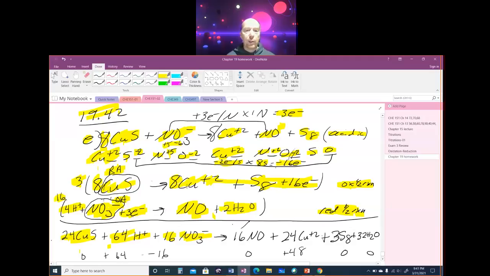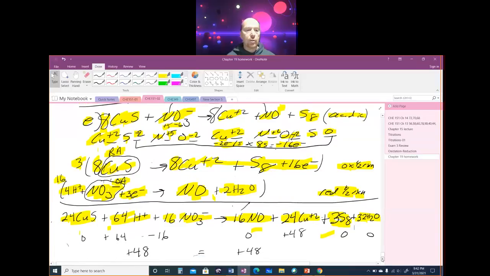We have our 3 times 8, 24 Cu plus 2s. We have our 3 times S8, so 3 S8s. Again, our electrons are gone. We have our 16 NOs, and our 16 times 2, 32 H2Os. So that is our overall reaction.